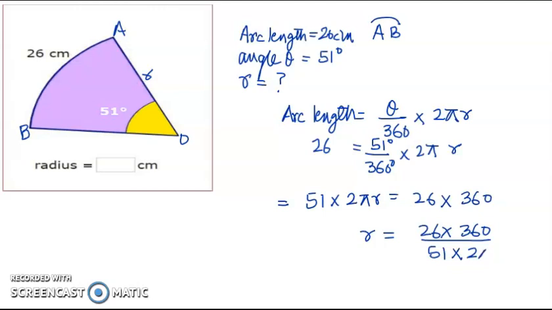times 2 pi, and we know that pi is equal to 3.14. So for pi we will plug in this value here.